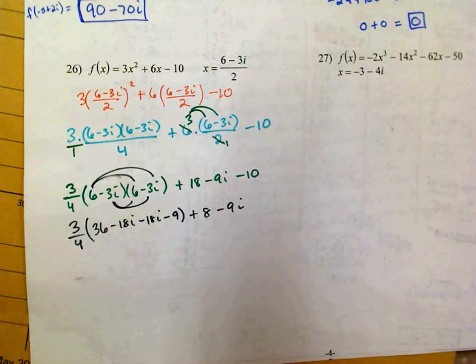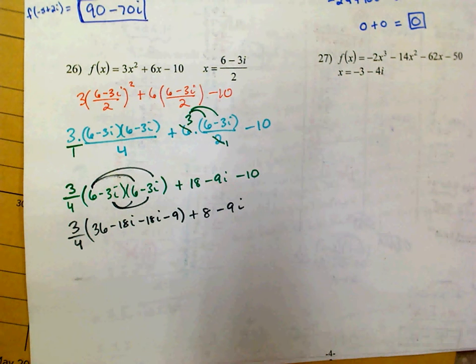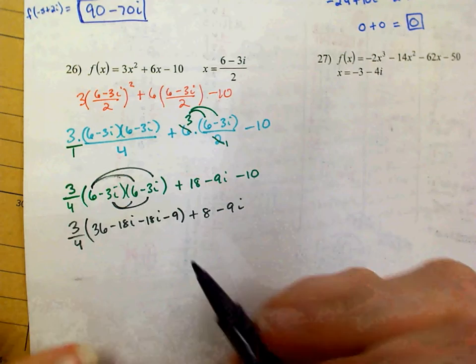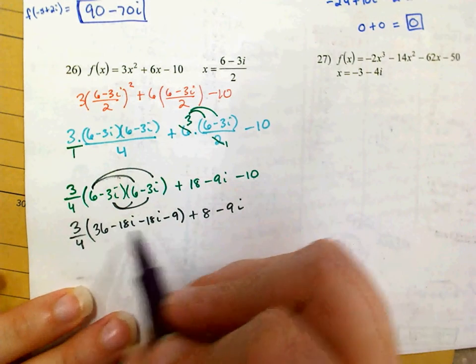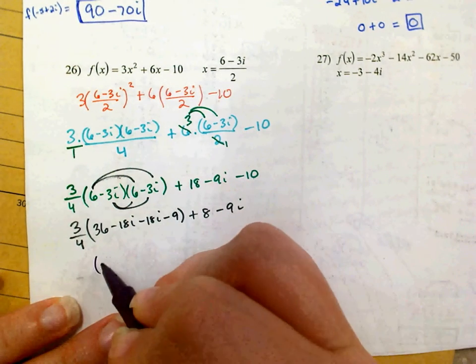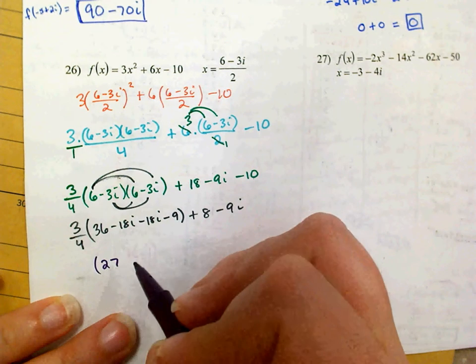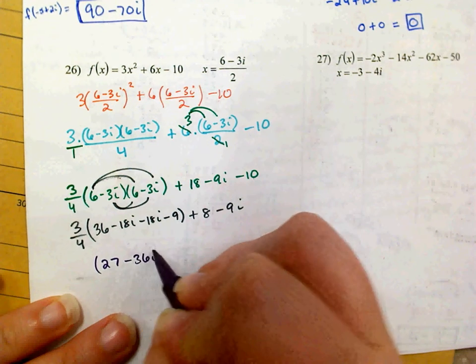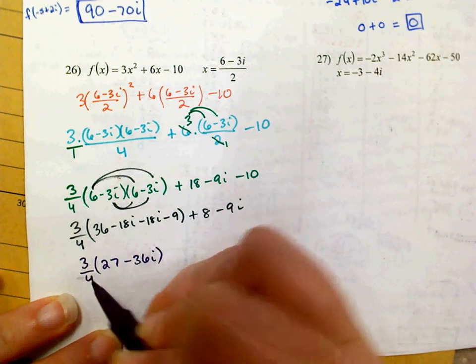Okay, I'm going to combine like terms in the interior. So I've got 36 minus 9 is 27, and negative 18i minus 18i is a negative 36i, times 3/4, plus 8 minus 9i.